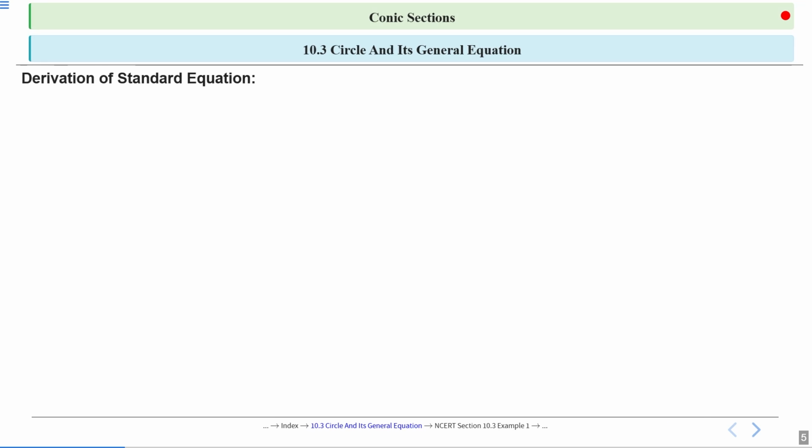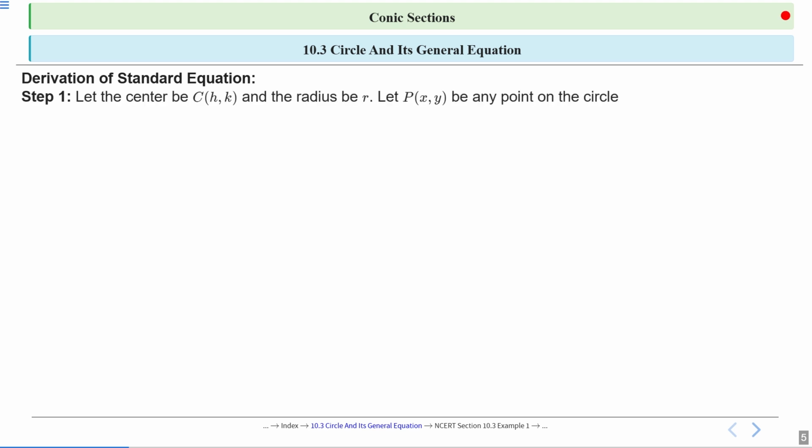Now we will derive the standard equation of the circle. So what is the standard equation of a circle?